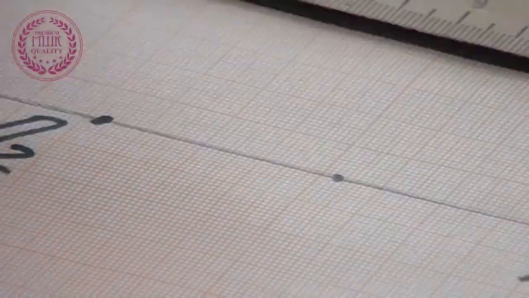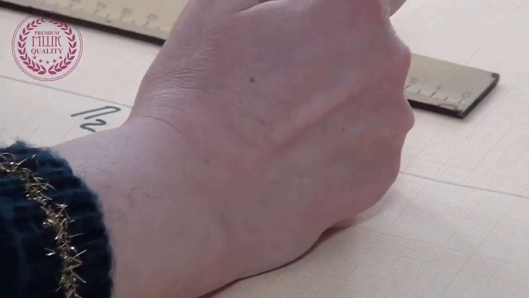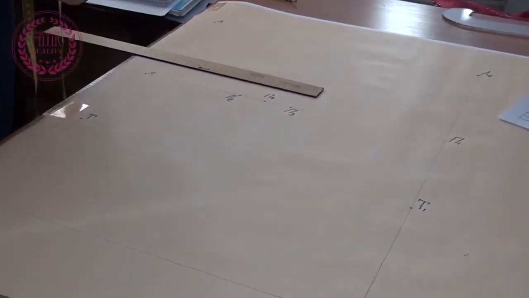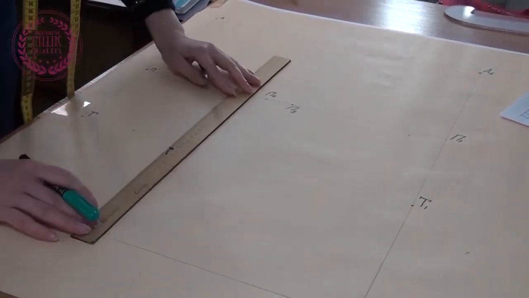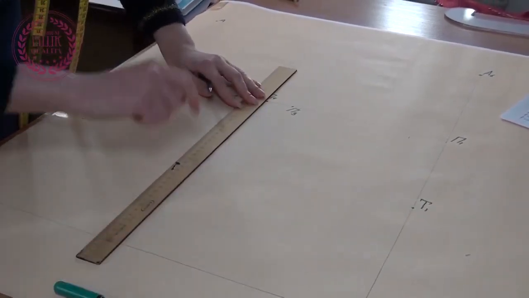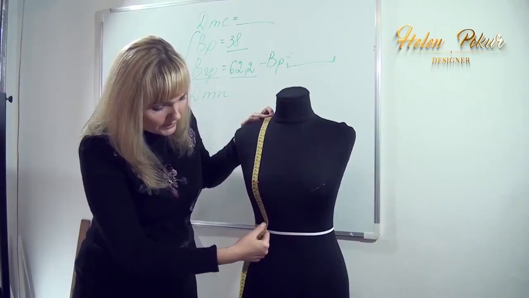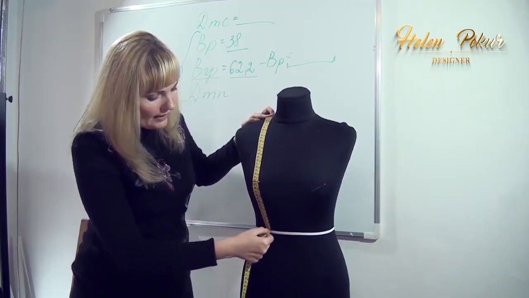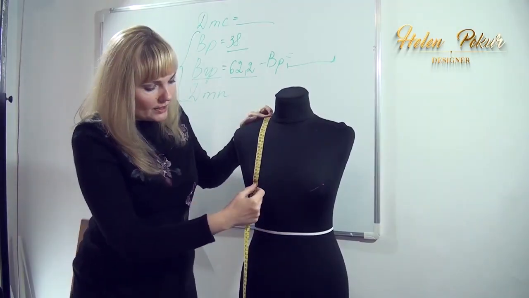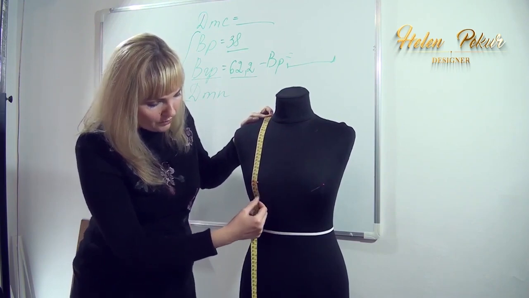The resulting point is called the Russian point P4. Then, from P4, draw a vertical line down to the intersection with the hip line. Now I need the measurement front waist length, from the neck point through the bust point to the waistline.